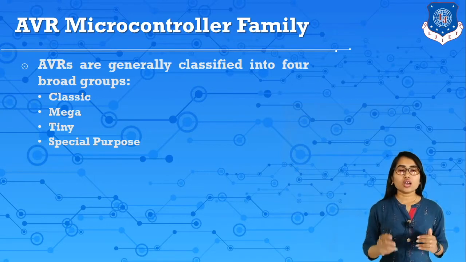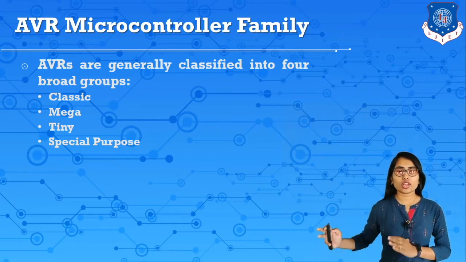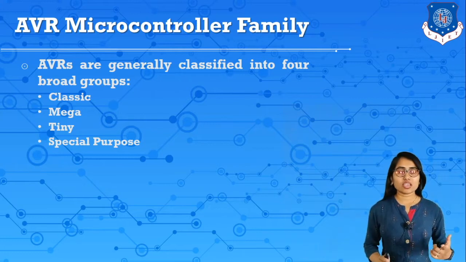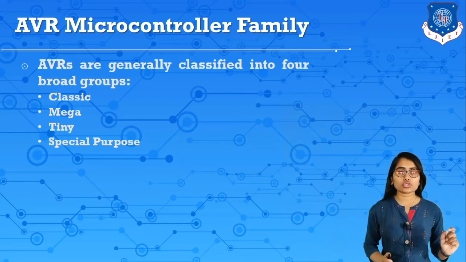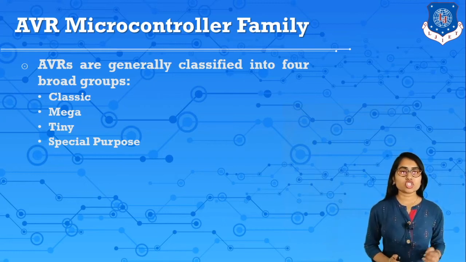So the different AVR microcontrollers are grouped in this family: classic AVR, mega AVR, tiny AVR, and special purpose AVR. Each and every microcontroller is used for a specific task, and each has specific features. So let's discuss all these AVR microcontrollers one by one.